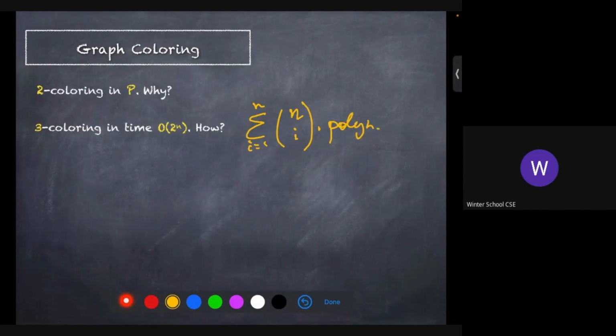So we try a set, we check if the set is independent, that's good, and we check if the remaining part is bipartite. If it's good, we are done. If we never find such a combination, we say the graph is not 3-colorable. And the total time of this is 2 to the n.